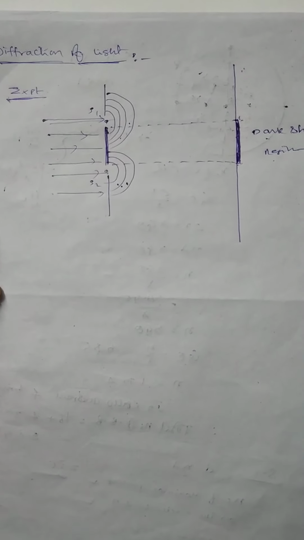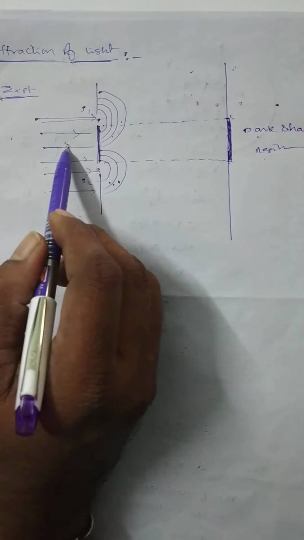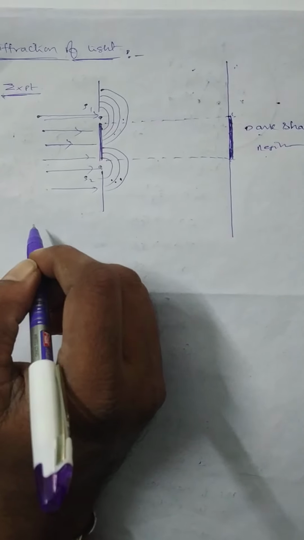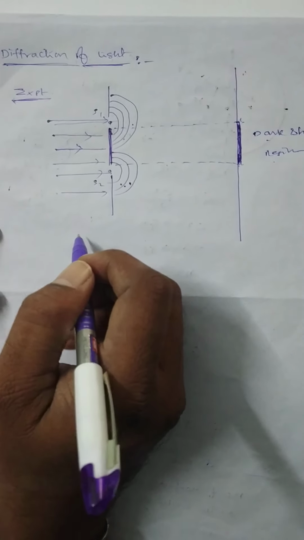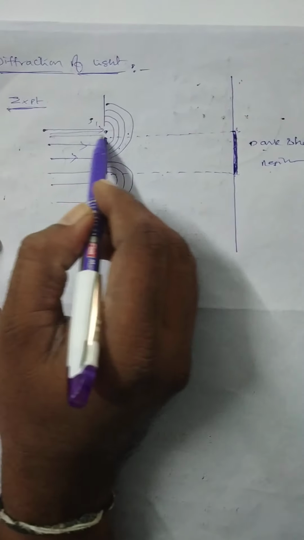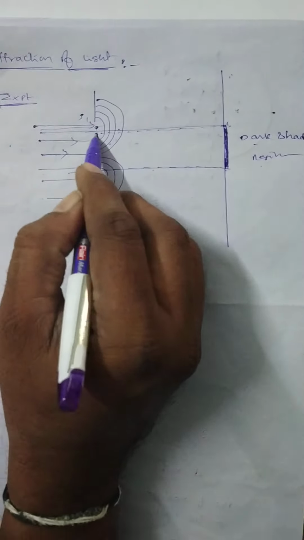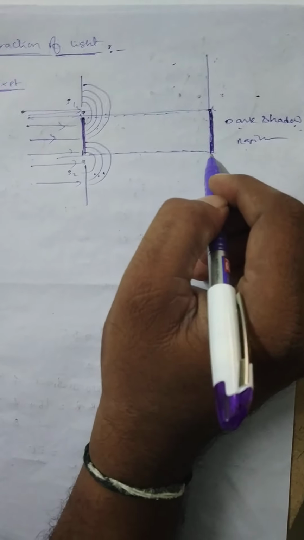According to Newton's theory, or Huygens theory, light is propagated in the form of rectilinear propagation, which means light is always traveling in straight line directions. As the light is traveling along a straight line, this is the obstacle, and the shadow of this obstacle is cast on the screen like this.